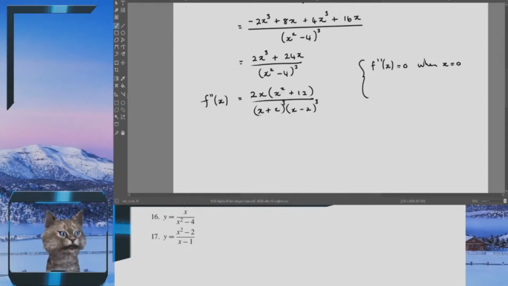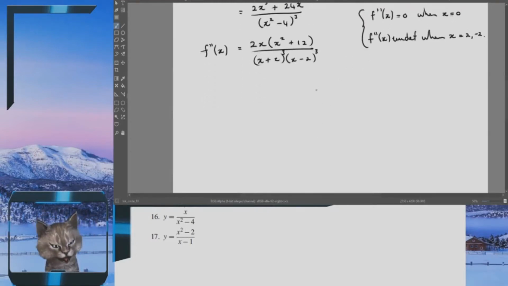But this is x squared plus 12, and that can never equal 0. Otherwise, x squared is equal to negative 12, which is impossible. So only 1. And the second derivative is undefined when the denominator is 0, and I get my 2 and negative 2 again. So I have 3 potential inflection points.